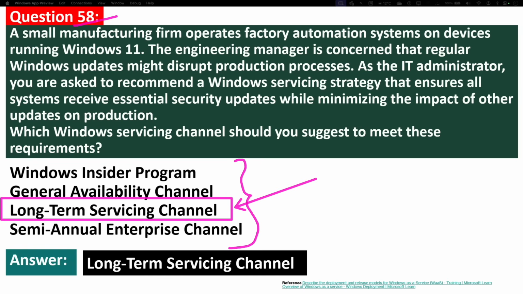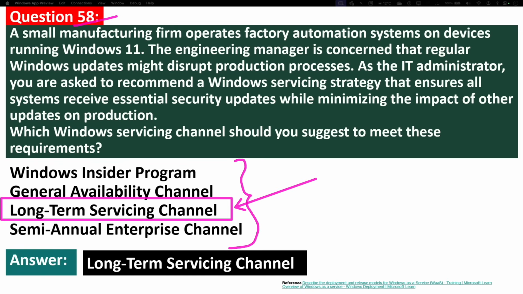It is meant for systems that need to stay the same for a long time without frequent changes. So think of it like a car that gets regular oil changes, which are security updates, but never gets a new stereo or dashboard, which are feature updates.